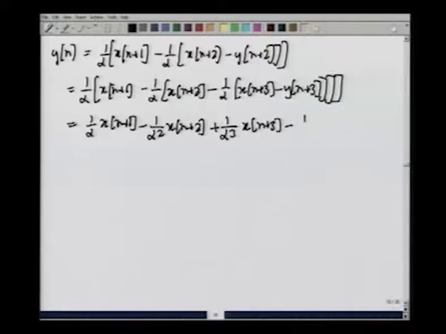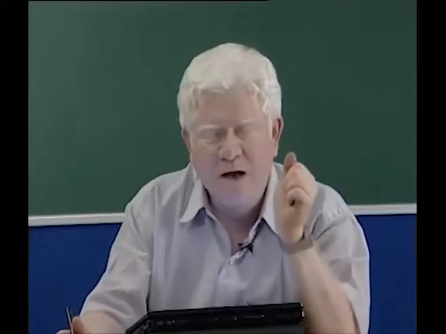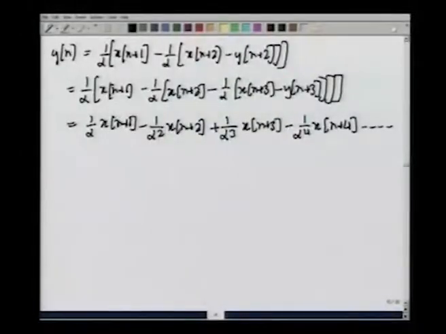Again you would get minus 1 by alpha to the power 4 x n plus 4, and so on. You would get terms like this. Now again it is important for us to put this into a proper compact form, get it into a formula, because that makes us see things more clearly. So what is this? You have x n plus 1, x n plus 2, x n plus 3, x n plus 4 in consecutive terms. So that part is straightforward.